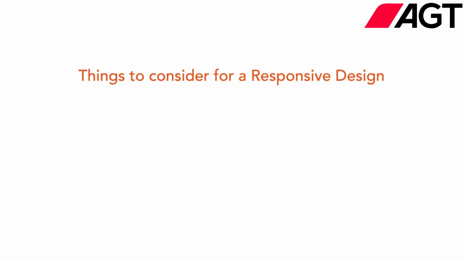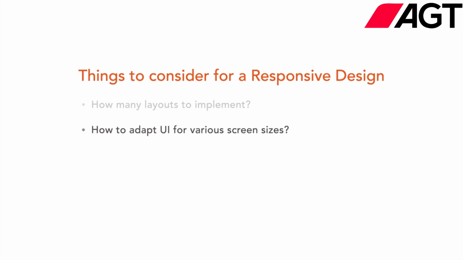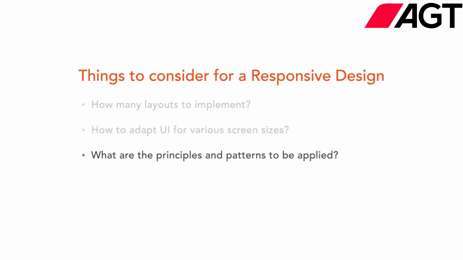So what are the important things to consider to implement a responsive design? Number one is how many layouts you are going to implement, and then how to adapt our UI structure and UI components for various screen sizes, and what are some of the principles and patterns that you can apply so that it makes your life easier when you are dealing with responsive design.